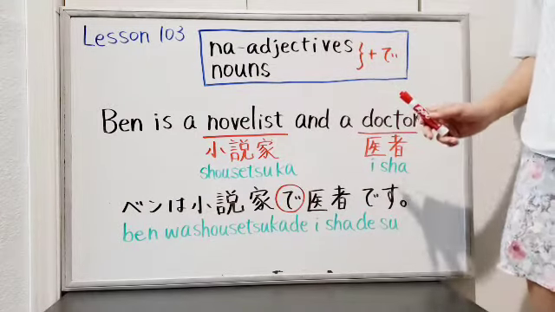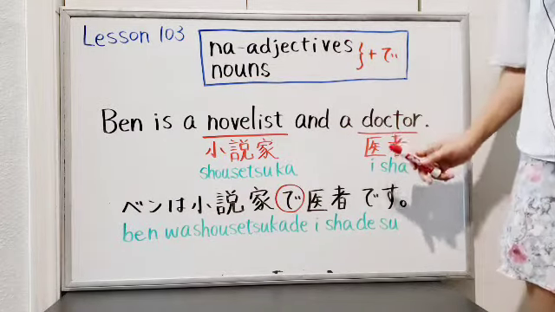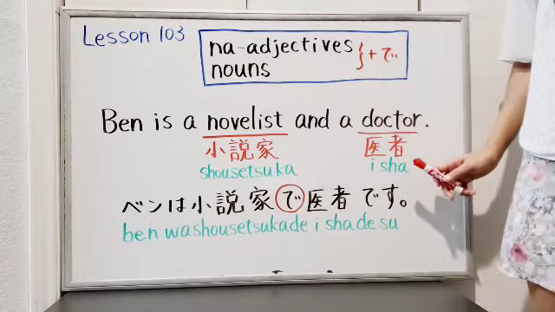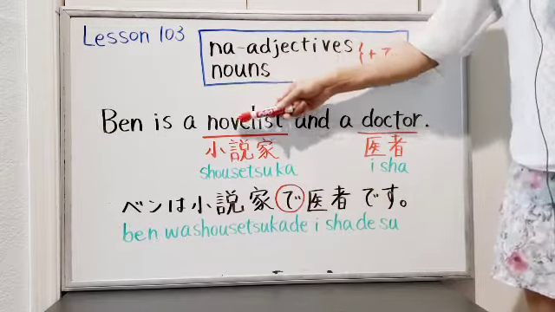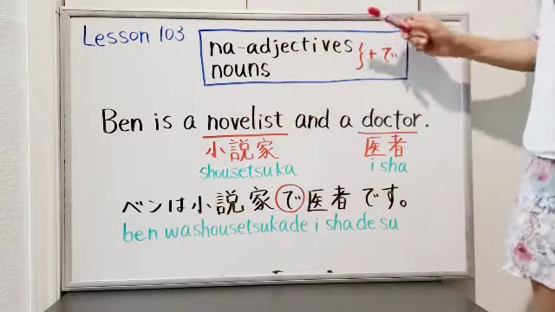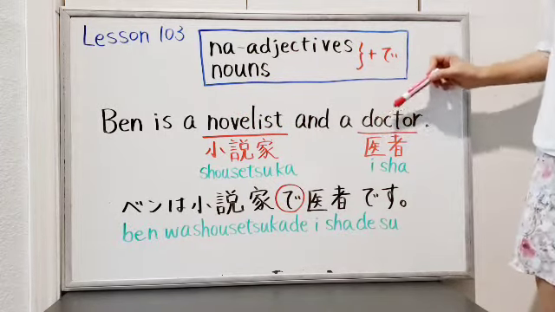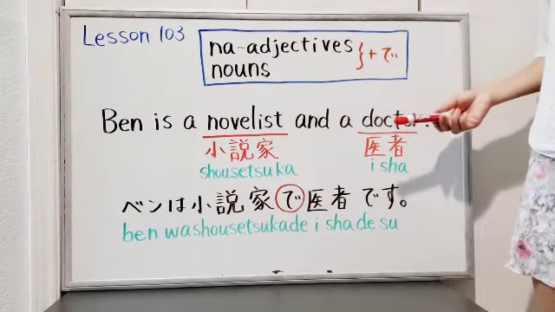Let's check another sentence. Ben is a novelist and doctor. Novelist is 小説家. Doctor means 医者 in Japanese.